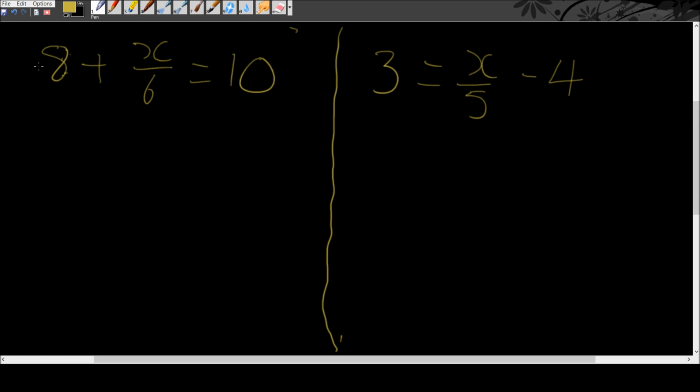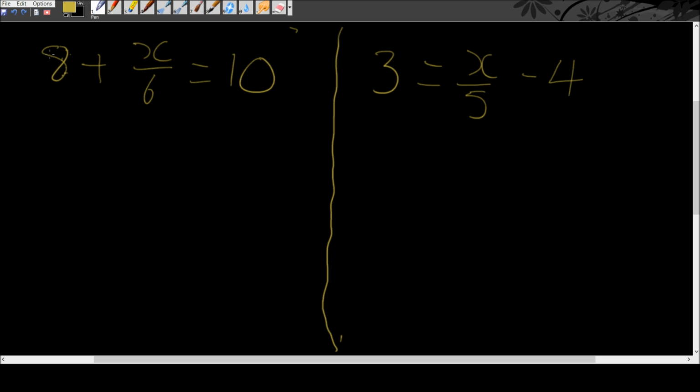Remember, if there's no sign in front of a letter or a number, you can assume that it is a positive number, because if it's a negative number, they'll put a negative in front of it. So you can assume that there is an invisible plus in front of it.